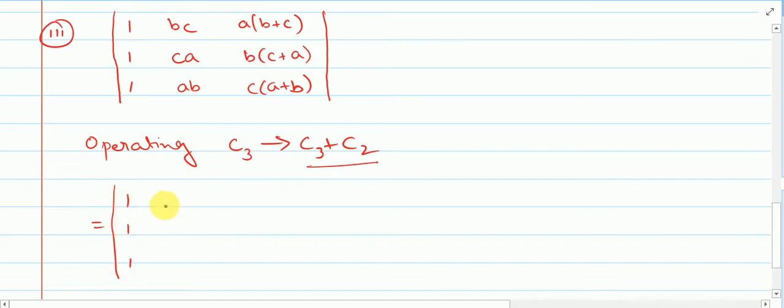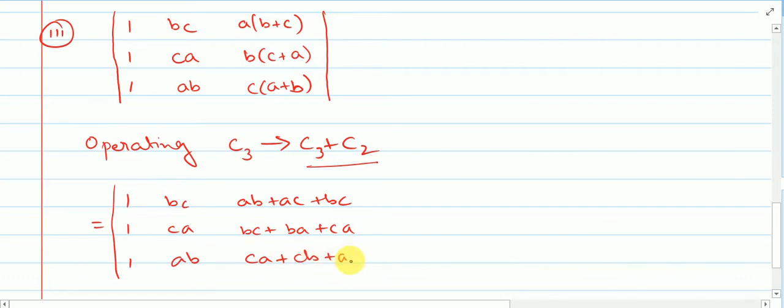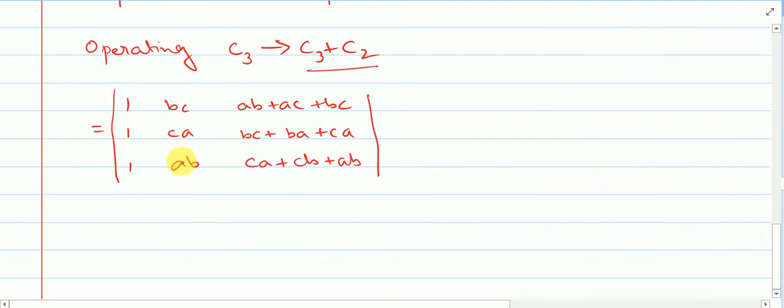1 1 1, BC, CA, AB, and here I am opening the bracket AB plus AC and then I am adding this second one, BC plus BA plus CA, CA plus CB plus AB. So here what do you observe?